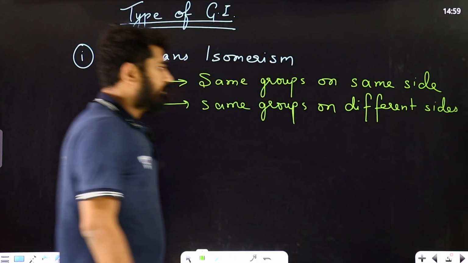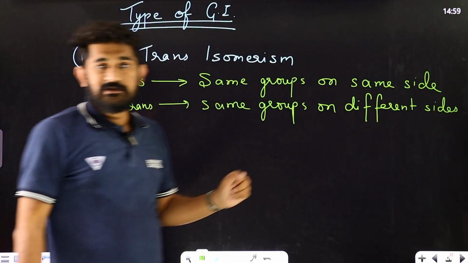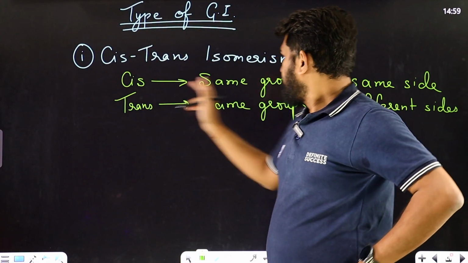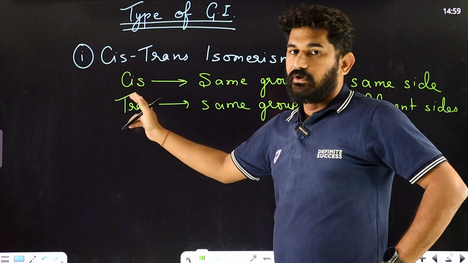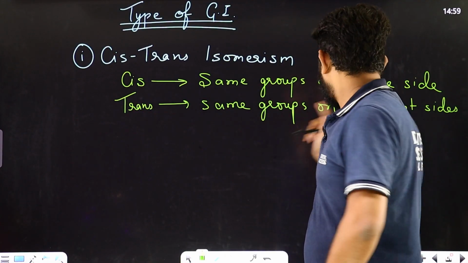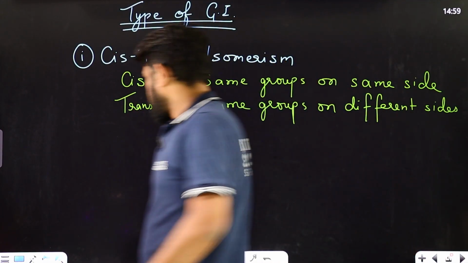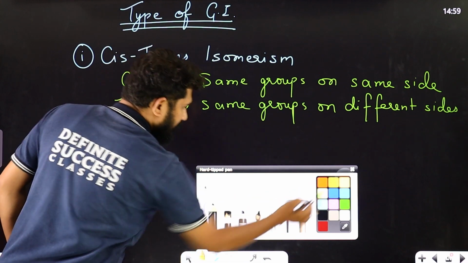Now, this particular concept where same groups are on the same side is known as cis, and same groups on different sides is known as trans. Let's just take an example for this.